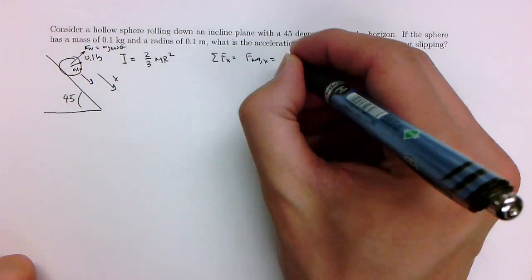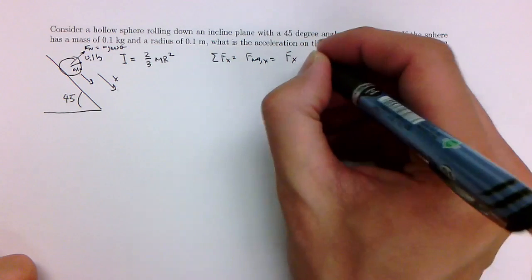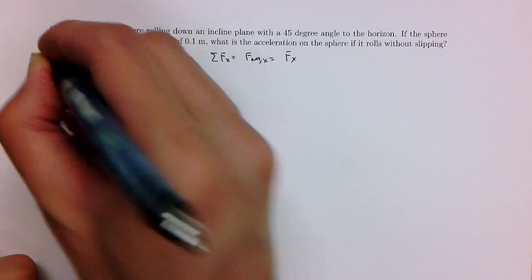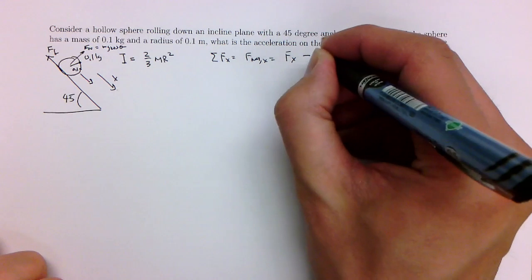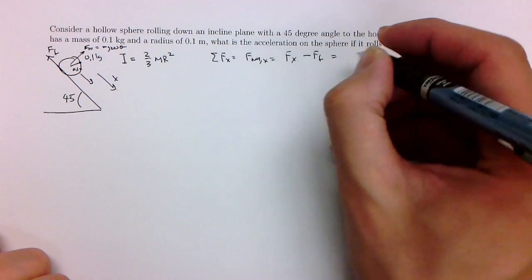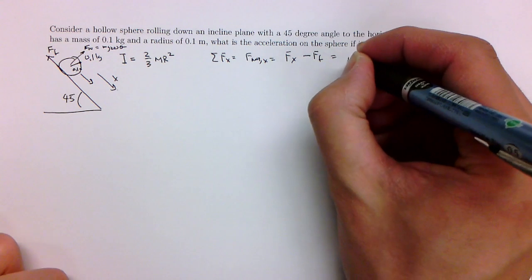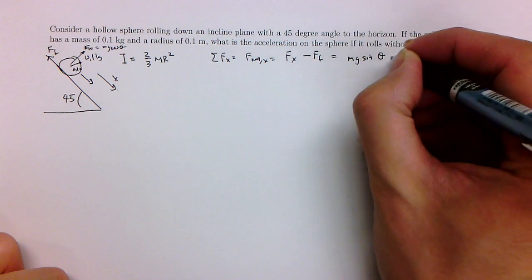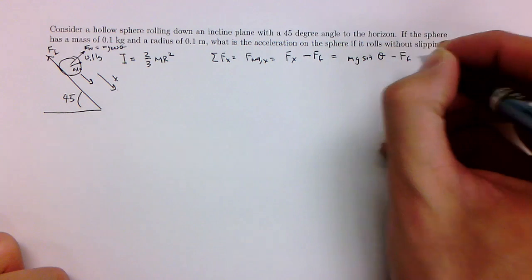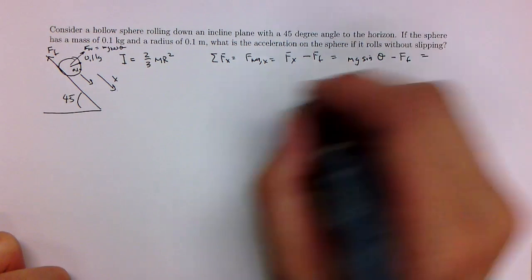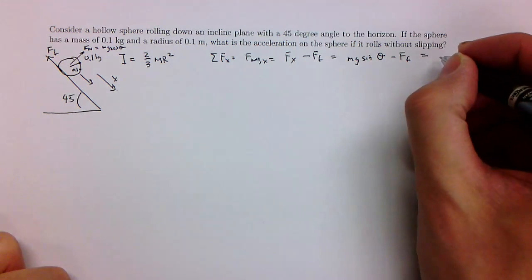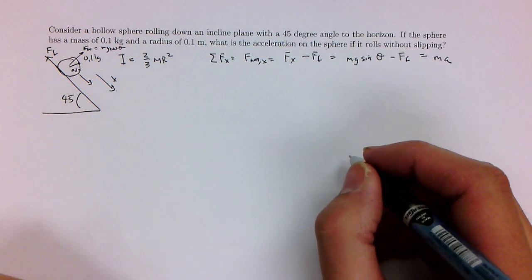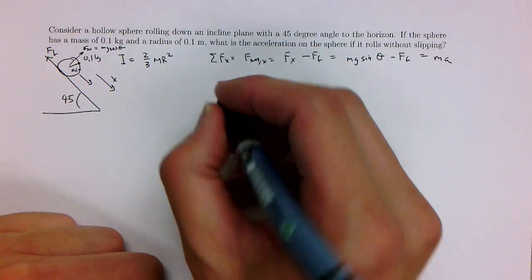There's this mg sine theta, and there's also a force of friction, which is allowing this object to roll, minus the force of friction. So mg sine theta minus the force of friction is equal to F net x, the mass times acceleration. So that's the first part.